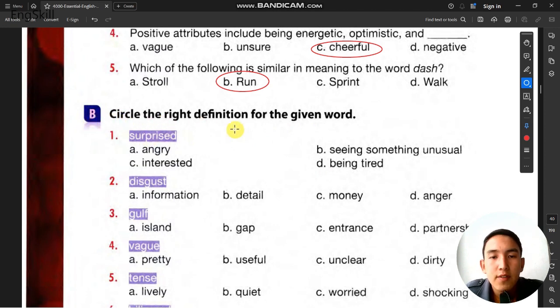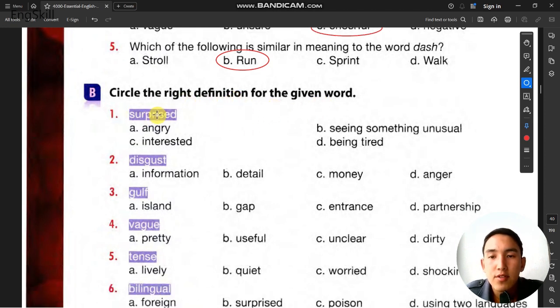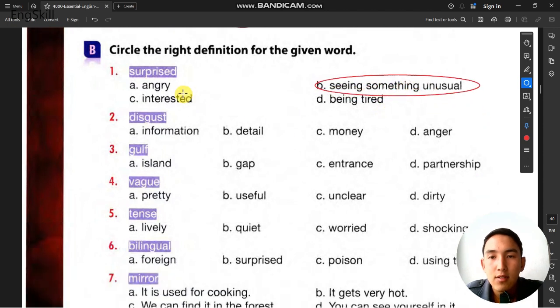This is exercise B. Circle the right definition for the given word. The first word is surprised. The definition of surprised: angry, seeing something unusual, interested, being tired. Seeing something unusual is called surprised. Number 2 is disgust. Information, details, money, anger.